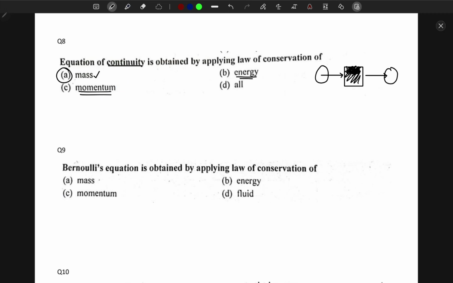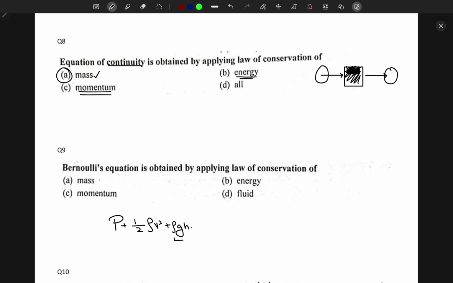Now, moving on to the next question, we have question 9, which says Bernoulli's equation is obtained by applying the law of conservation of what? Okay, so this is an interesting one. To derive this equation, if you remember, it's P plus half rho velocity squared plus rho gh.